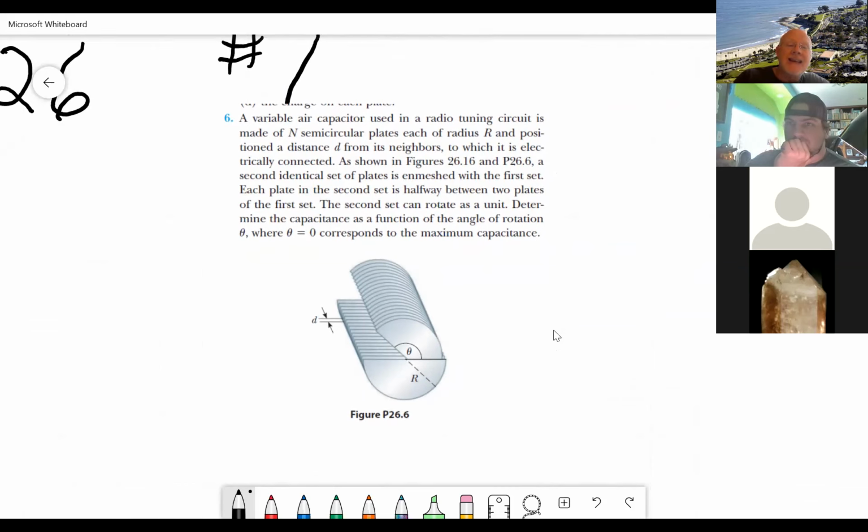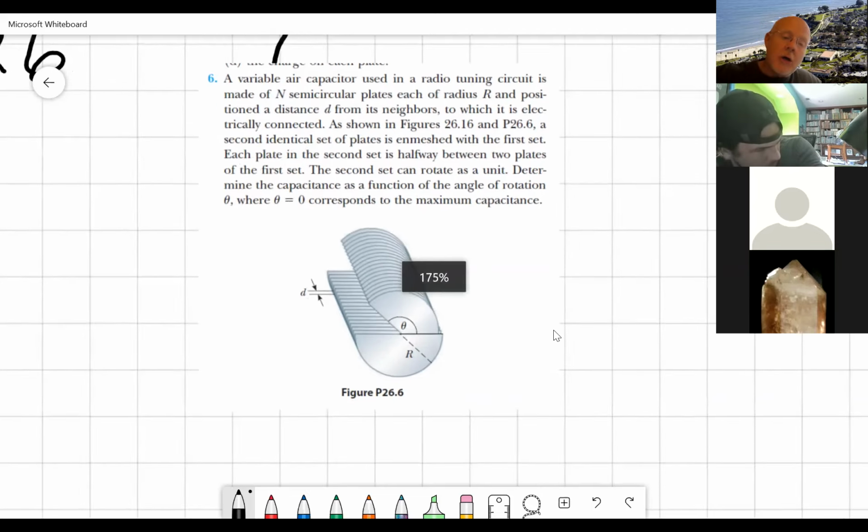A second identical plate is intermeshed with the first set. Each plate in the second one is halfway between the first set. The second set can rotate as a unit. Determine the capacitance as a function of the angle of rotation, where theta equals 0 corresponds to the maximum capacitance.